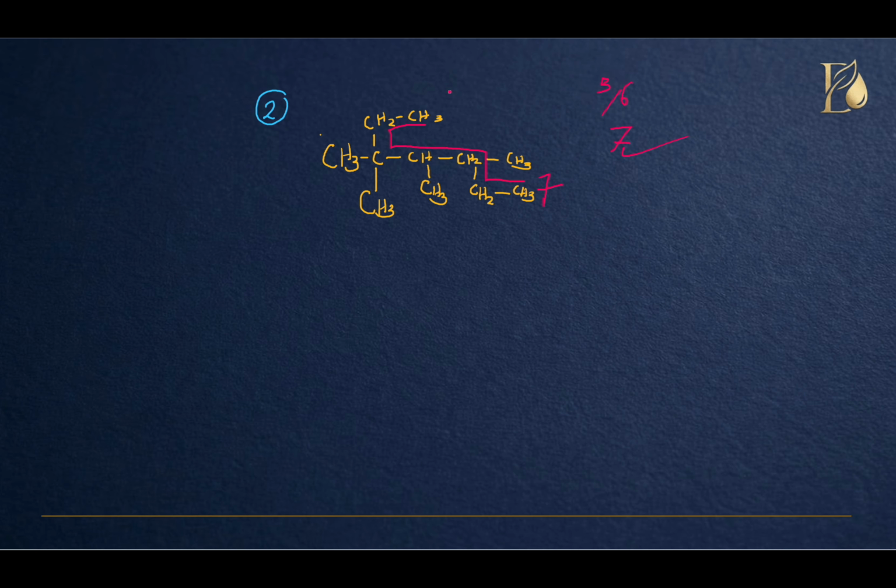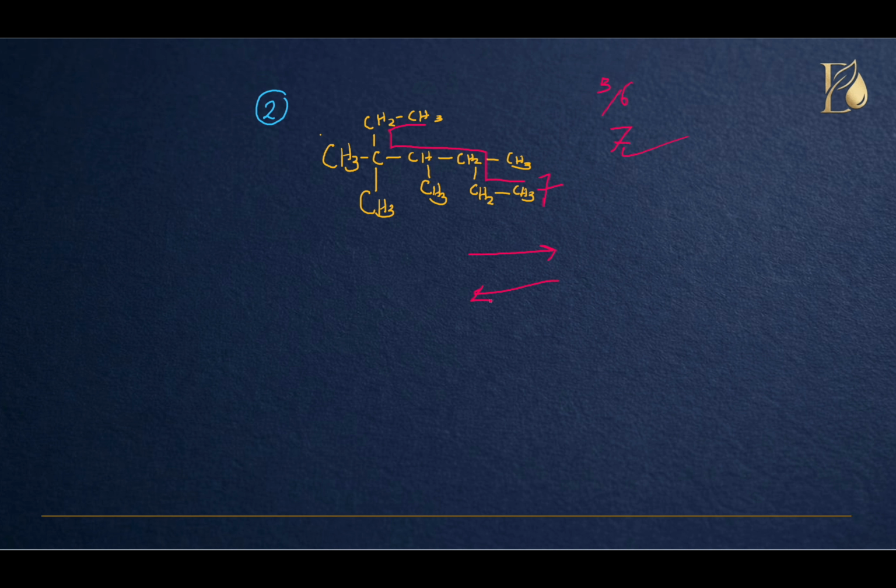Okay. Now we can check for the numbering. From which side do we have to number? From this side to this, or this side to this? Firstly, we number from left to right, then secondly we check from right to left.